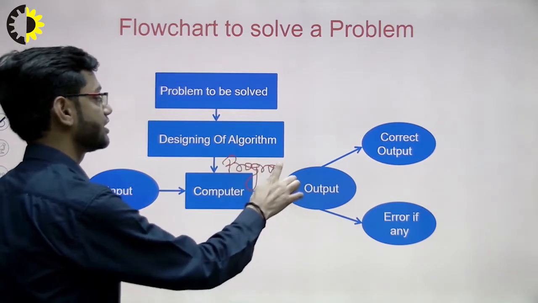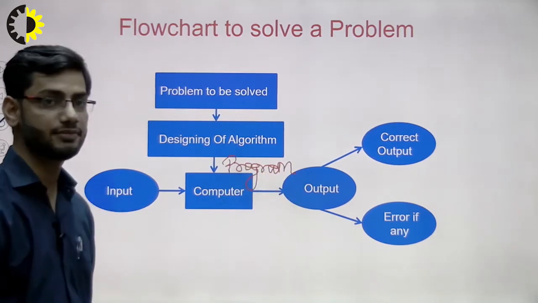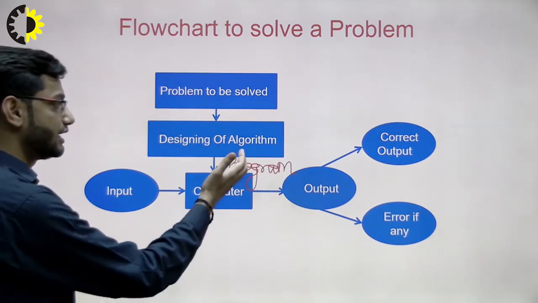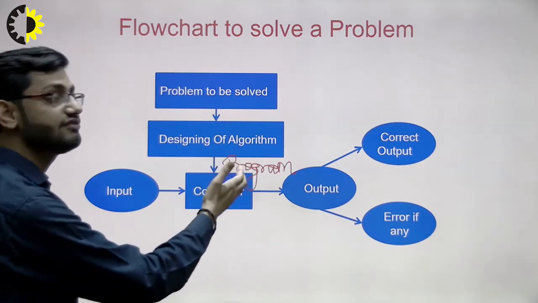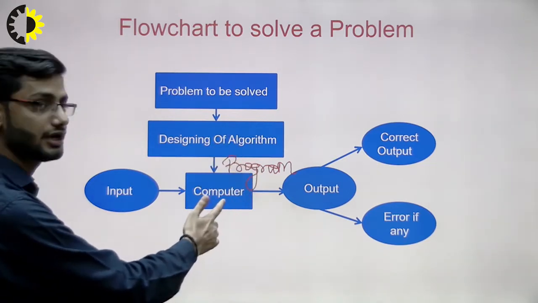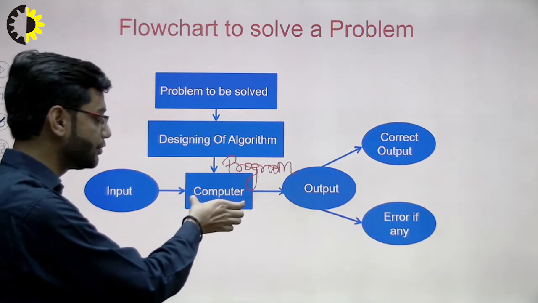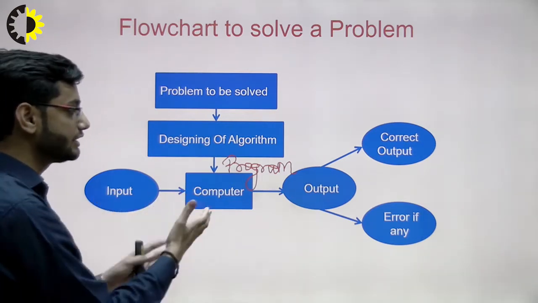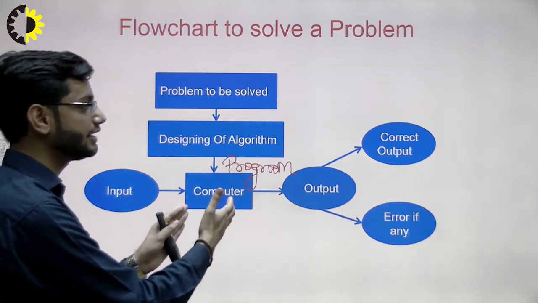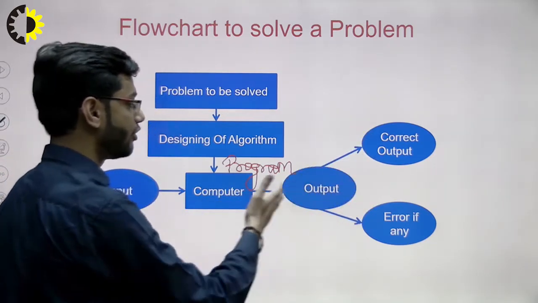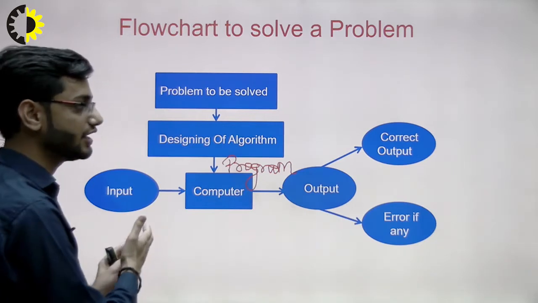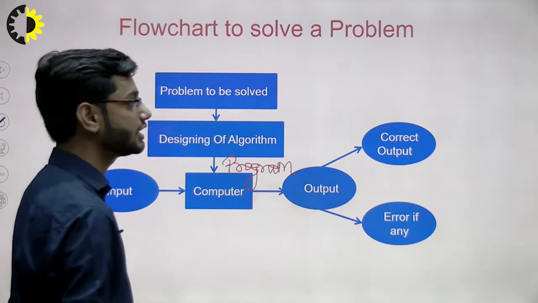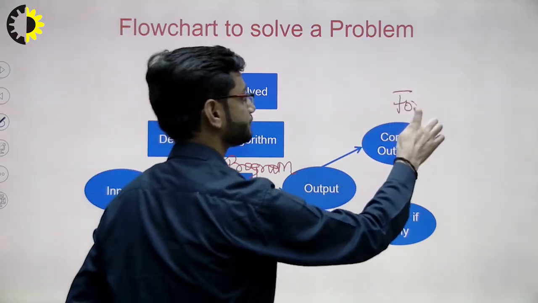So we will convert this algorithm into a program using some programming language, and after converting this algorithm into program, we will feed this program into the computer and we will provide the computer an input, a valid set of input. Now the computer will generate two types of output for the two categories of input.